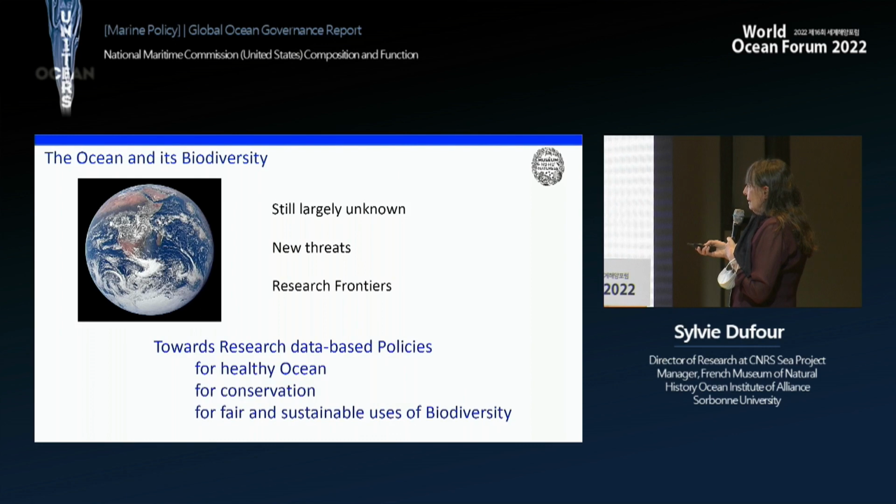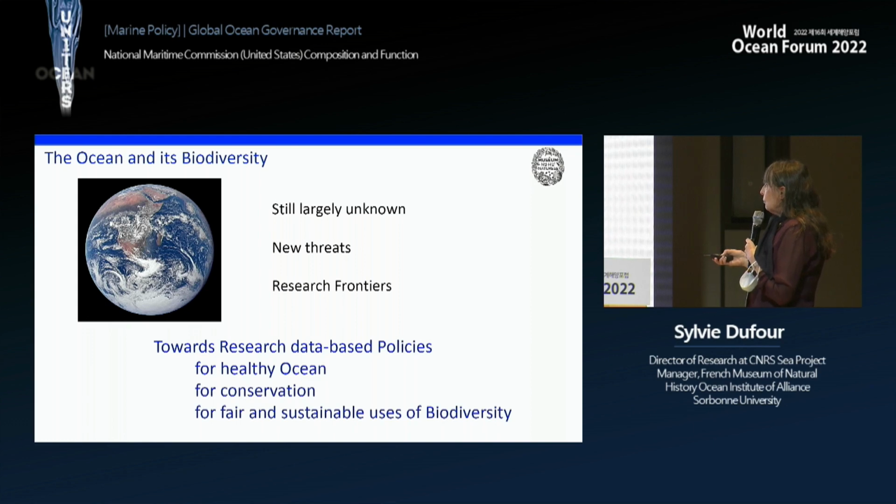So the ocean and its biodiversity are still largely unknown and require international collaborative research. It's submitted to new threats, and all that should be the basis of research frontiers, towards promoting research, database, and policies in order to have a healthy ocean for its conservation and fair and sustainable uses of biodiversity.